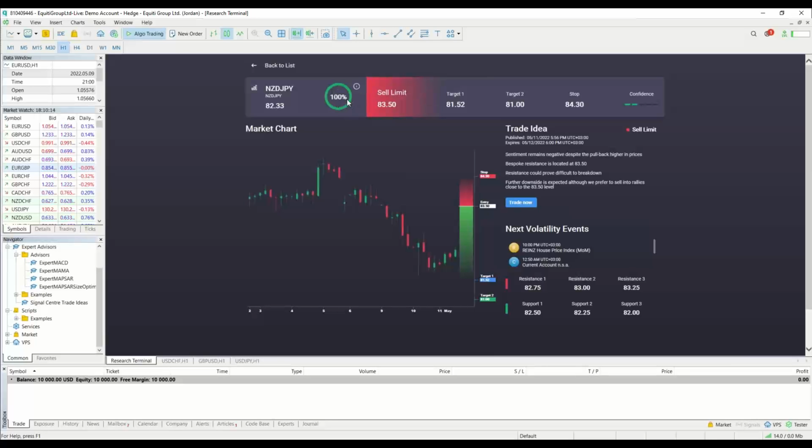So at the moment, we can see here that the news sentiment towards New Zealand dollar, Japanese yen is considered to be 100% bullish. Now, obviously, we've got a sell recommendation on this today, so there will be times where the two don't marry up, and that will be reflected in the confidence score. So as we can see, previously we had a 40% confidence score, or on the bar over here, 2 out of 5 bars have been filled.